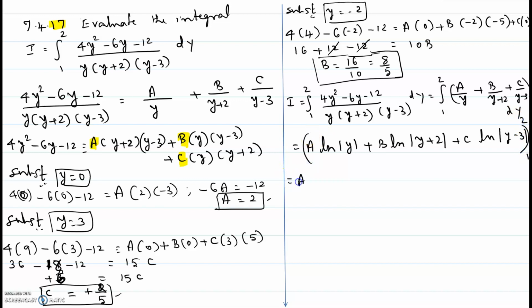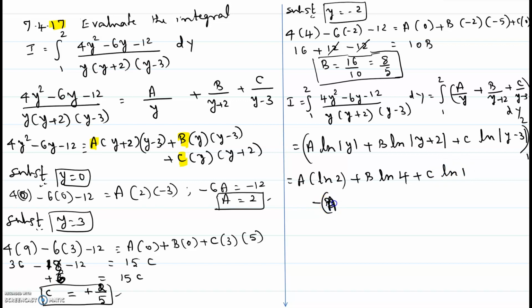So it is A times, plugging in the upper limit, ln 2, plus B ln(2 + 2), that will be ln 4, plus C times ln|2 − 3|, which is negative 1, but because we are taking the absolute value, that will be ln 1. Now we have to plug in the lower limit, so it is with a minus sign in front.